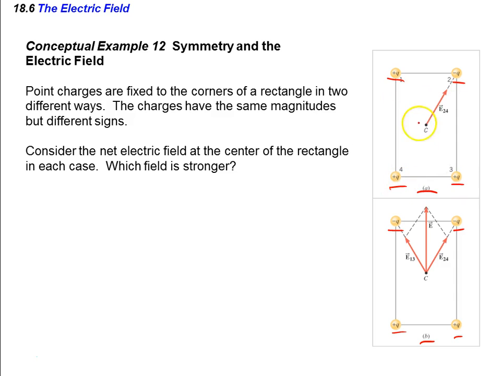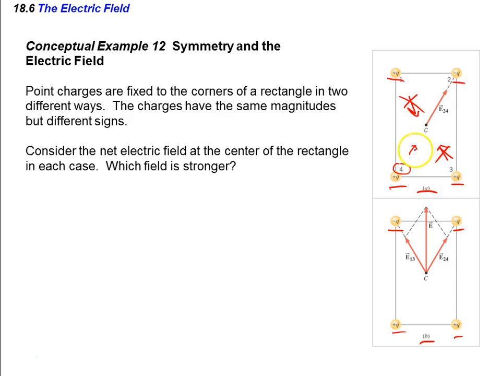Well, here we're going to have a field up and to the right because of charge 4, but we're going to have a field up and to the left by charge 3 and down and to the right by charge 1, and those two cancel out with each other because we're the same distance from corner 1 to corner 3.